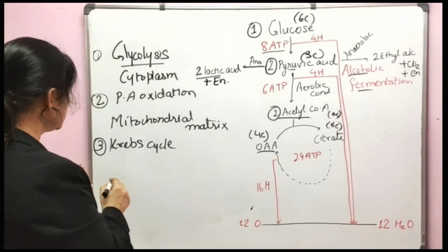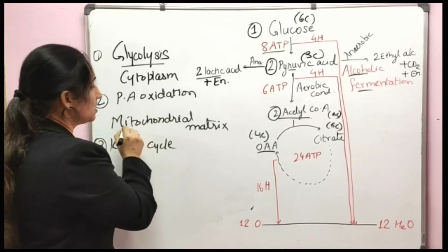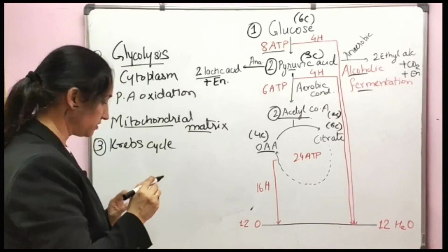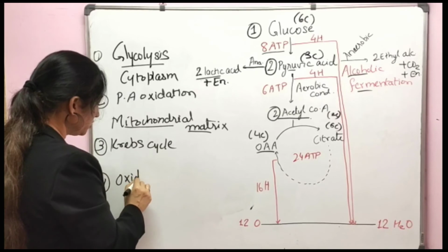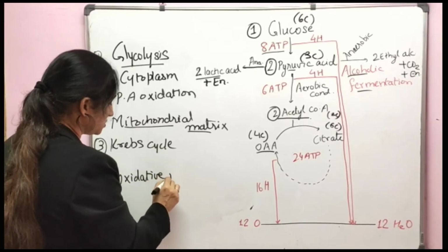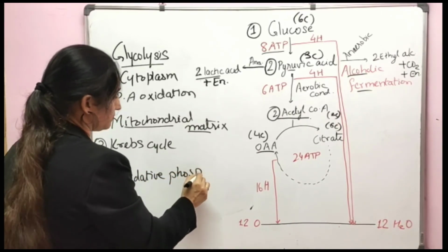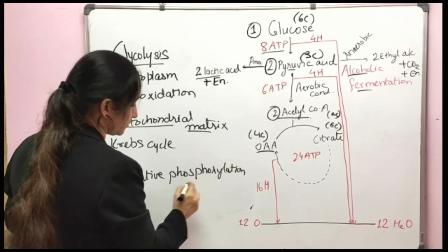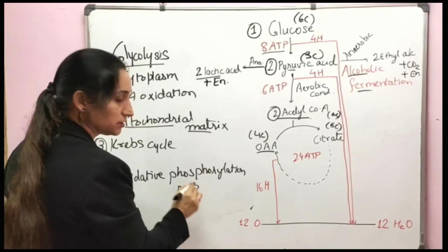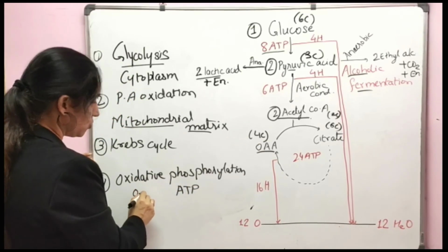Now, the second and third stages occur inside the mitochondrial matrix, and the fourth stage is oxidative phosphorylation. Phosphorylation means formation of ATP, formation of ATP with the utilization of oxygen.